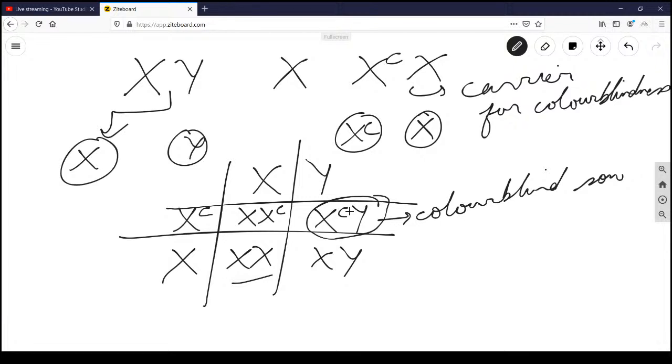The daughter born to them can be either normal or a carrier of the disease. The question asks what are the chances of this child, if the first child is a daughter, being color blind. The possibility would be a 0% possibility. There wouldn't be any possibility whatsoever.